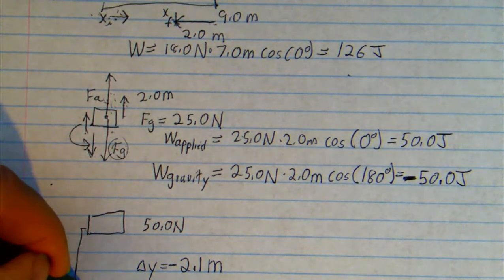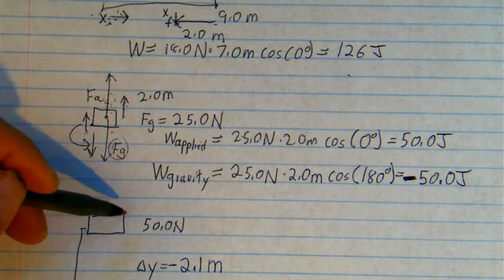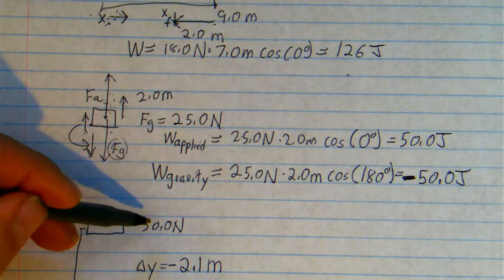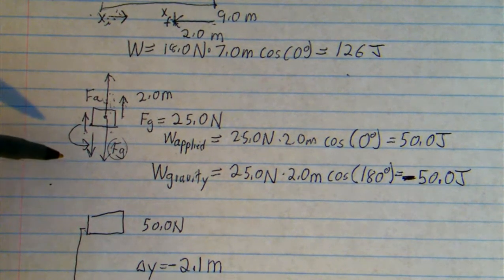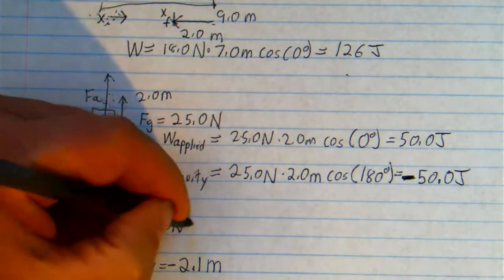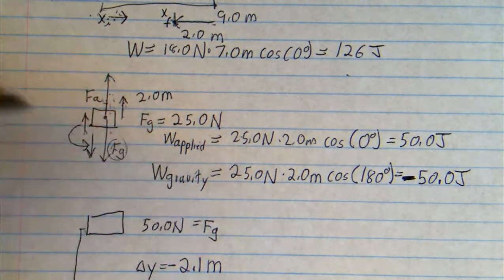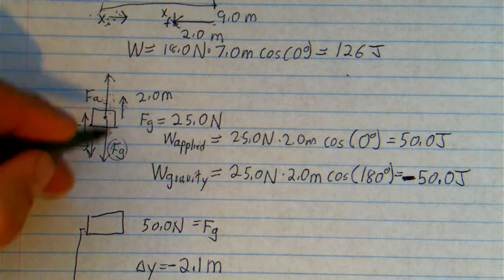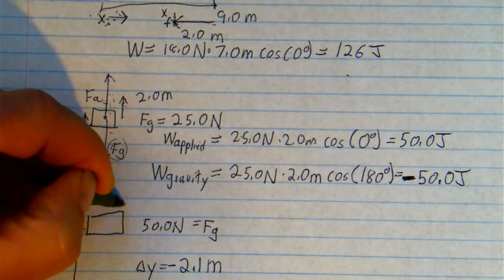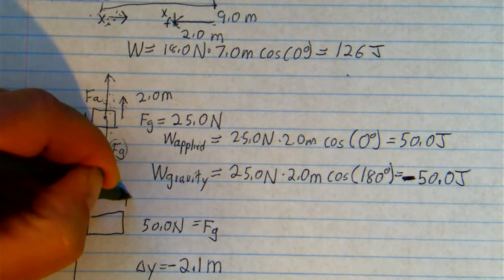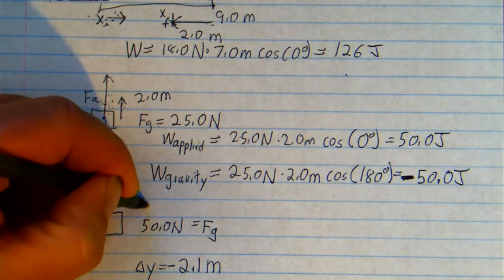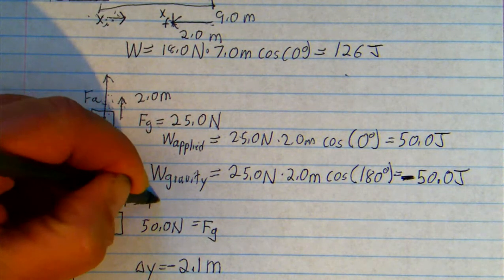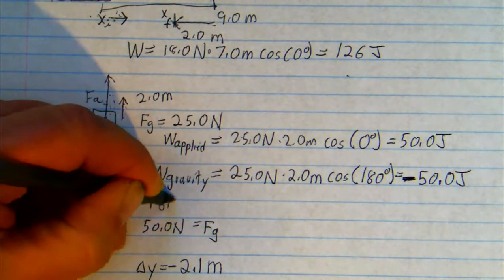And I'm actually going to lower it using a force that is less than what it weighs. Now, if it weighs 50 newtons, force of gravity, and I lower it using just a force upward, a tension, I guess you would call it, of, how about 18 newtons?